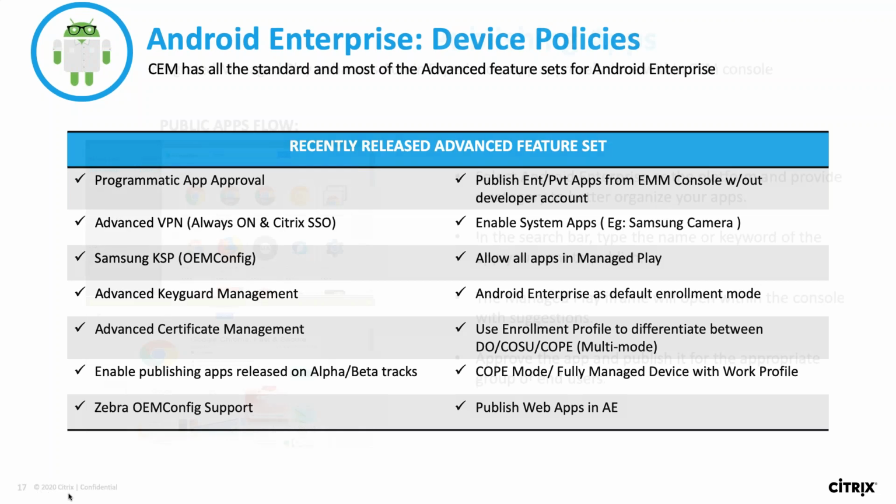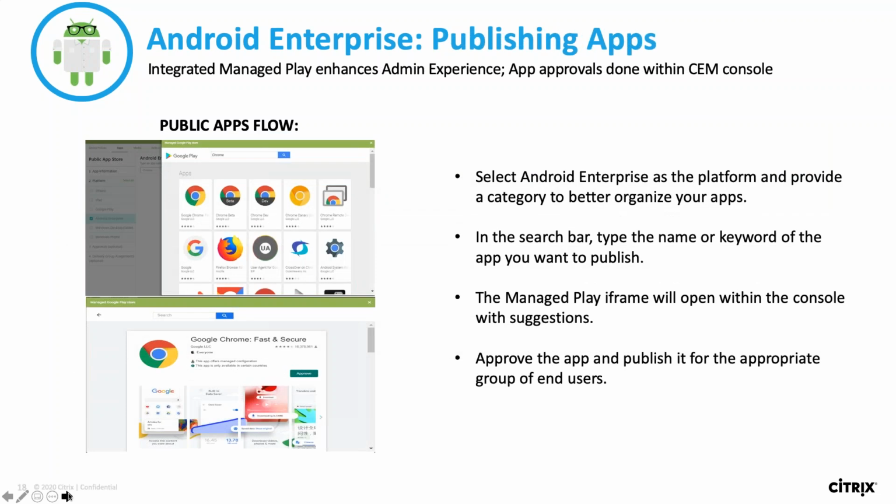Now, when it comes to your apps, there are different kinds of apps that you have in your portfolio of apps, if I could call it that way, right? Some of them are public, available readily on the App Store. For example, that could be your Chrome application. So here the steps are pretty simple. You make sure you select apps, you choose the Android Enterprise platform.